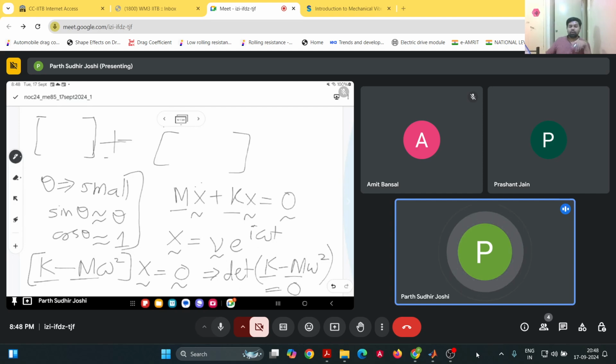Using this we will get an equation in terms of omega square. It will have roots, and the roots will be the natural frequencies. So that's how you can solve for the natural frequencies. Is it okay? Is it clear?